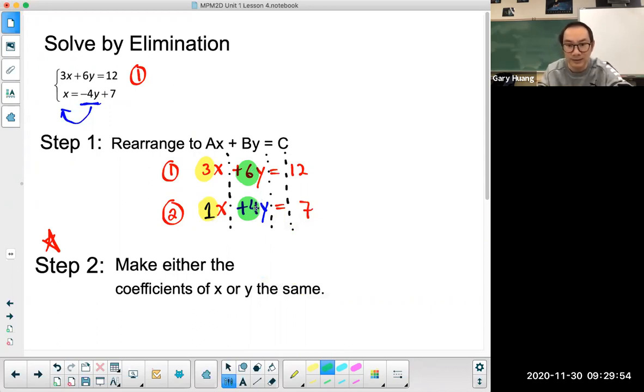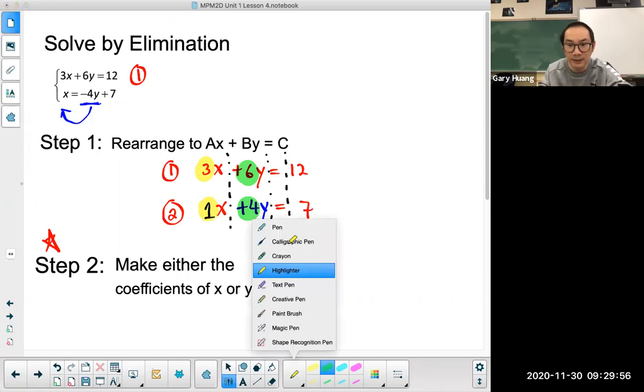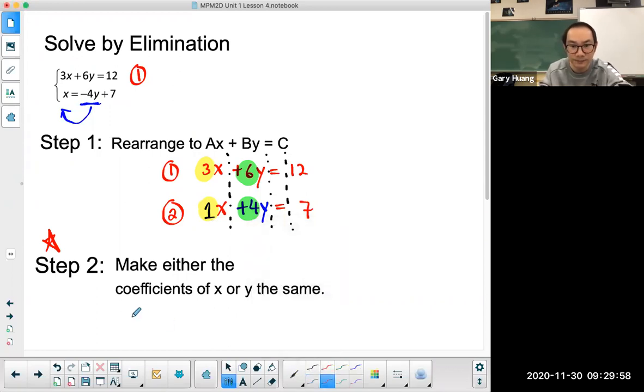The easiest thing to do here would be to take the second equation and multiply by 3, because then I'm going to get 1 to become a 3. The key thing is that you have to multiply the whole equation by 3, not just the x.